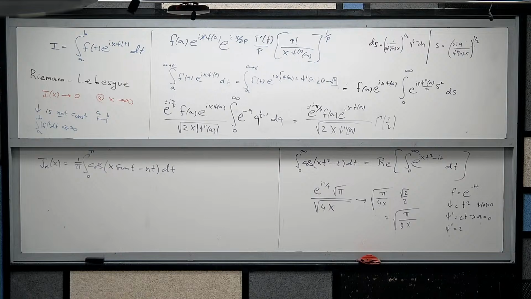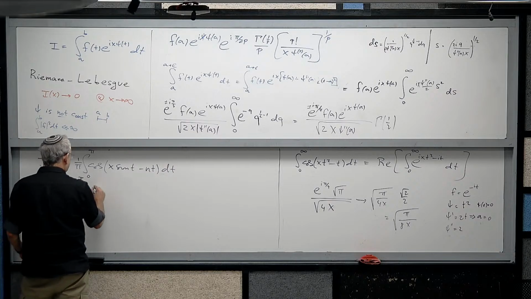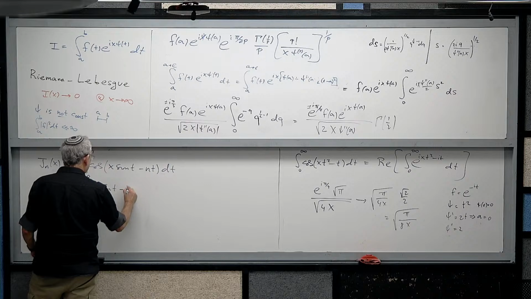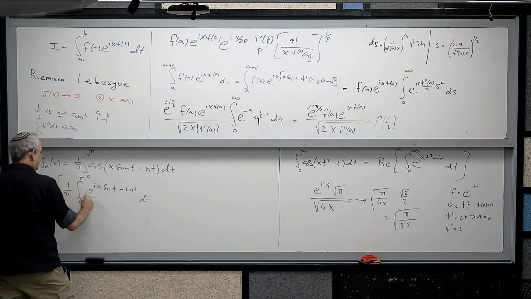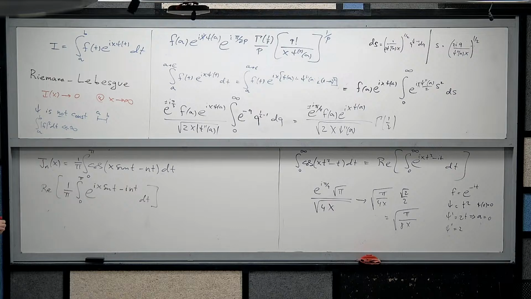You can do that by converting cosine to the real part of e to the i. This will be my first step: 1 over pi integral from 0 to pi of e to the i(x sine t minus nt), and we want the real part of this. Now, what is f?